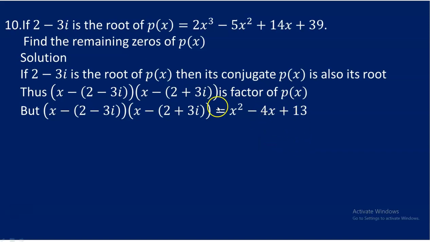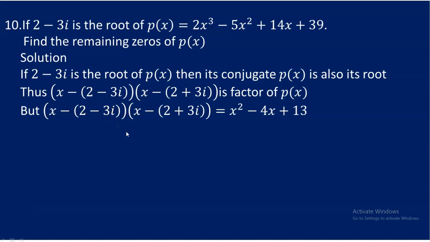When you come to the last term, you take the sum of the squares of the parts of 2 minus 3i, and you will obtain 13, because 2 times 2 is 4, and minus 3 times minus 3 makes positive 9, and 4 plus 9 makes 13.